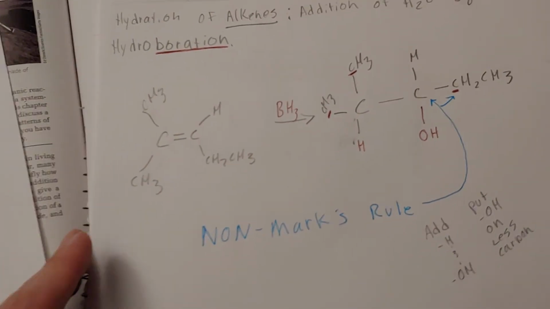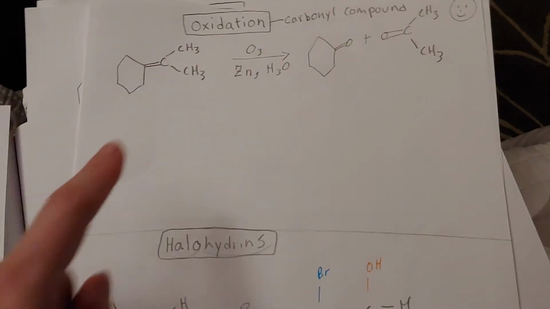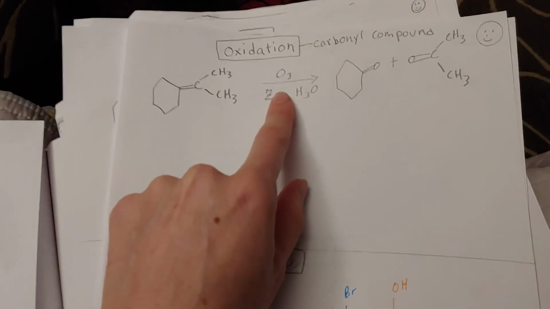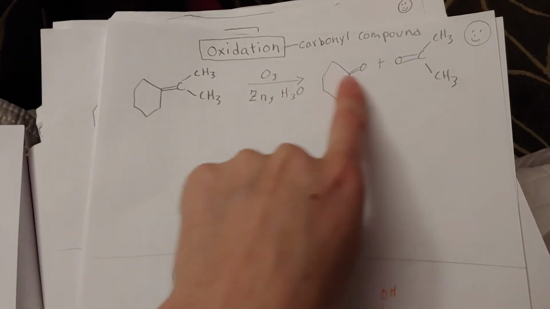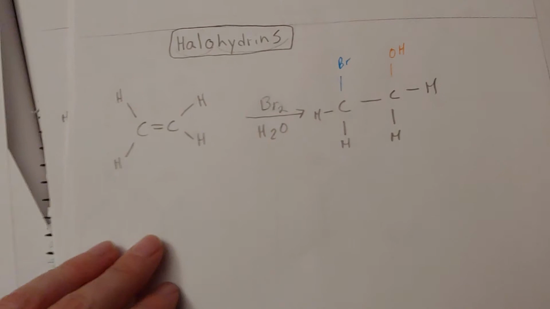Then we have the boronation, where we're so bored. Then we have the oxidation with the O3, because the ozone's so thin, it cuts through. There's a layer in the ozone.